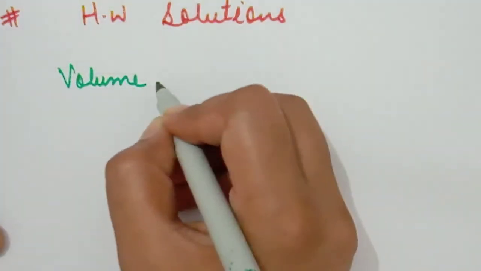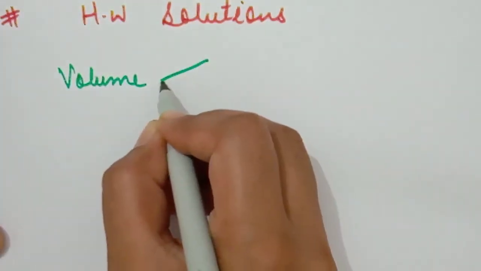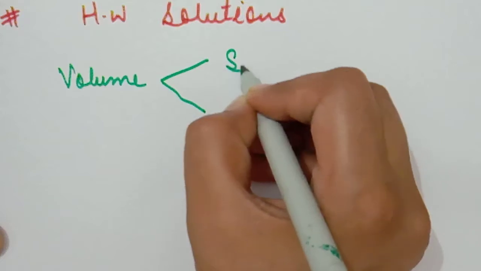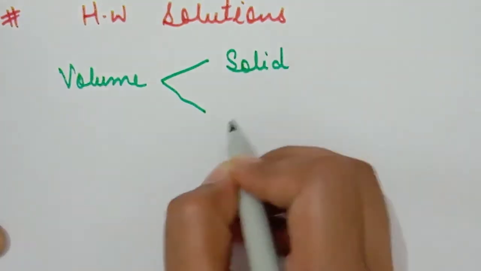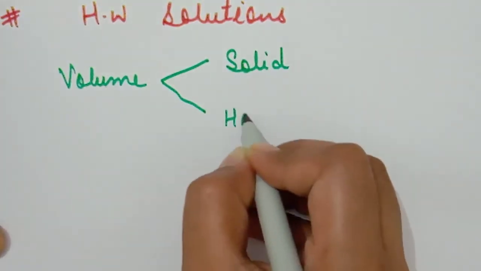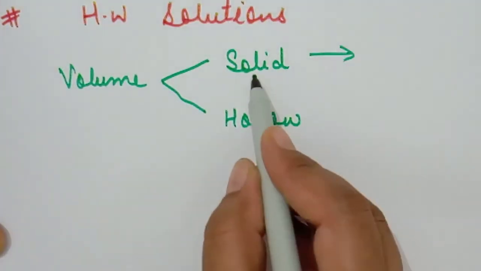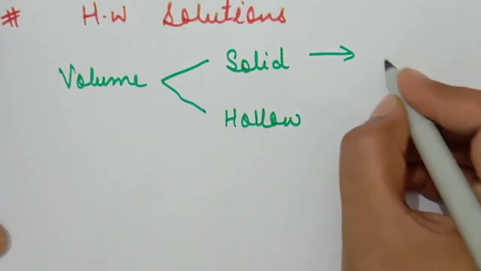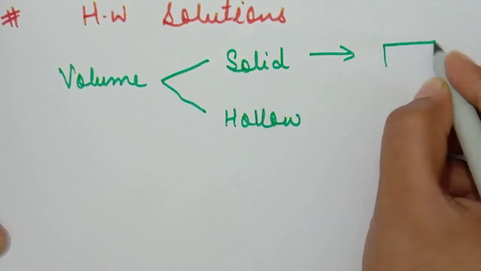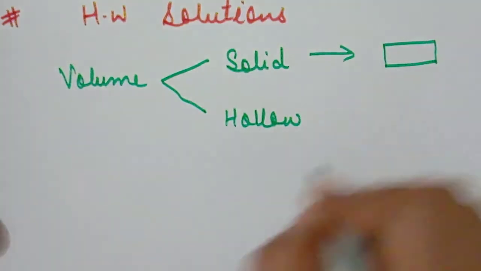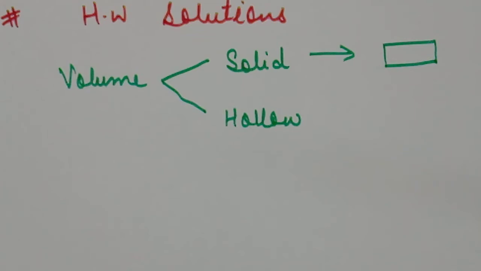So students, we have two different definitions of the volume. First, if the object is solid, and the second one, if the object is hollow. If we are talking about the volume of a solid like our brick, a brick is a solid object in the form of a cuboid.